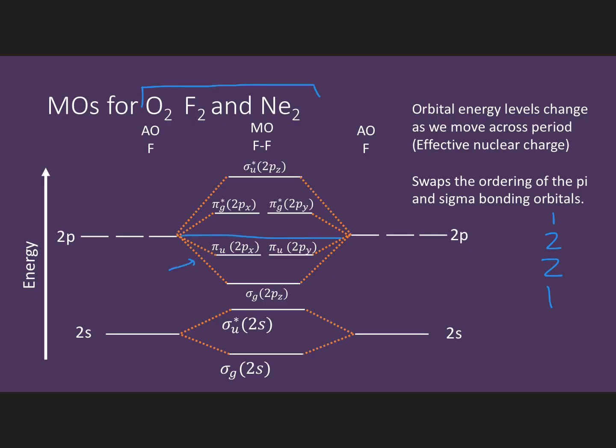We have the lower set, which is our bonding. The upper set is our anti-bonding orbitals. But again, why this happens here, this is just a consequence of the effective nuclear charge, and it happens to swap the ordering of the states here. So a little bit of a pain in our butt here that we have to remember 2 sets here, but that's all we've got to worry about here.